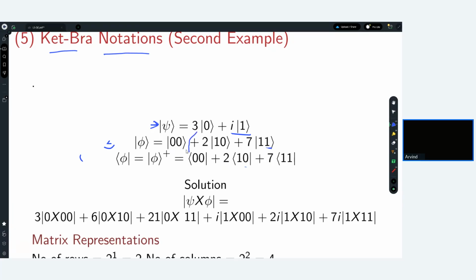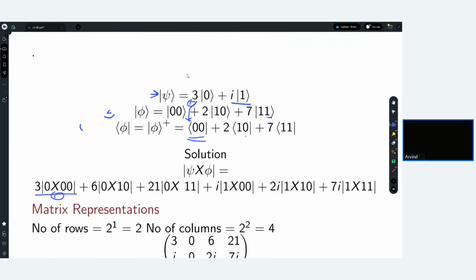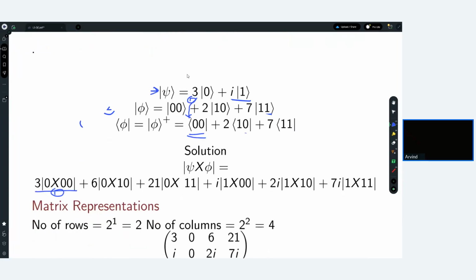So this is the first term that we will multiply. 3 times Ket0 is multiplied with bra 00, and we will get 3 times 0 cross 00. And to get the second term, we multiply 3 Ket0 with 2 times bra 10.